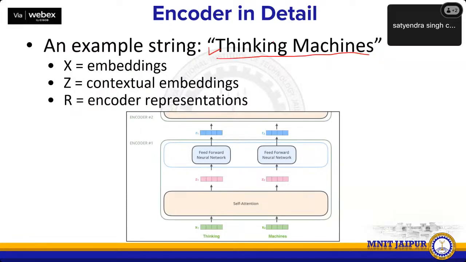For example, consider "thinking machines." X will be your input, which is an embedding, and Z will be the contextual embedding after the self-attention mechanism.